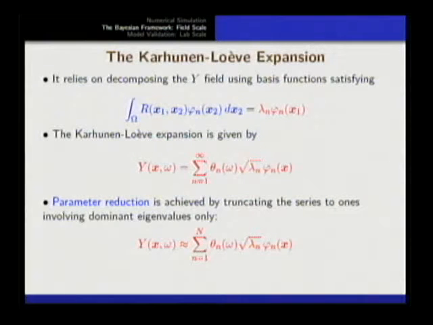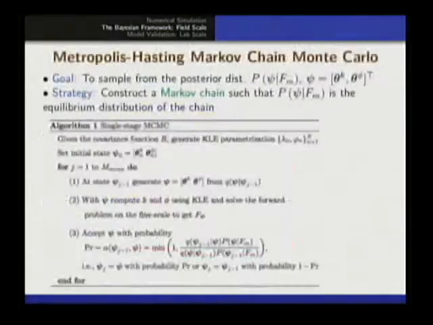The idea, and I have to run, is to write the Gaussian field in terms of a finite sum where lambda and psi are respectively eigenvalues and eigenvectors of the covariance operator, and theta is a family of normal 0-1 random variables. And this cutoff number, n, is related to the decay of the eigenvalues. So depending on the covariance structure, we have to determine the proper n here.